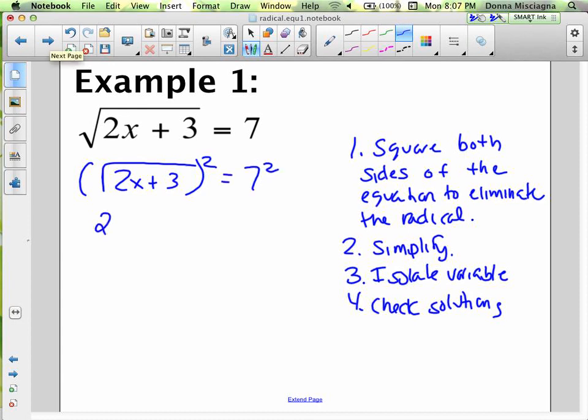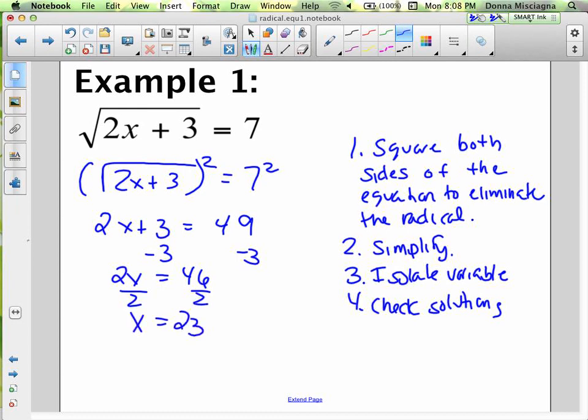So now we have 2x plus 3. 7 squared is 49. And now we're just going to solve like we would solve any equation. We're going to isolate our variable. So we're going to subtract 3 from both sides. So we have 2x equals 46. Divide both sides by 2. x is 23.